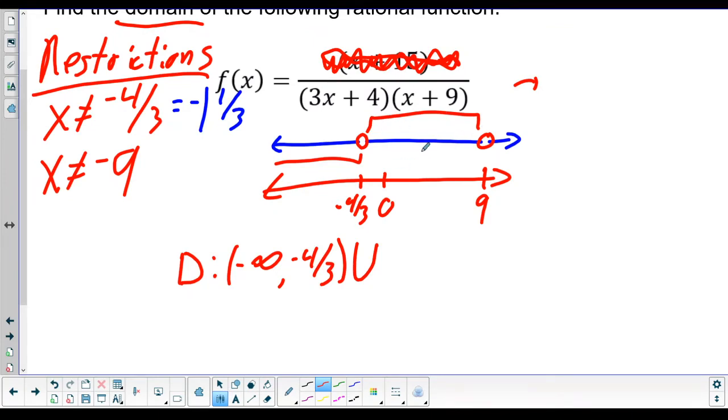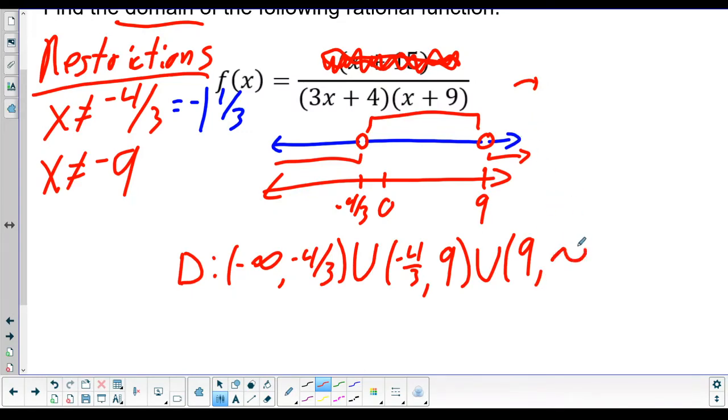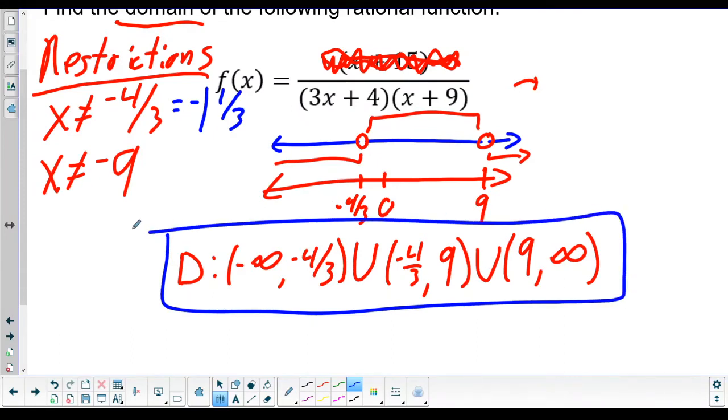So this chunk goes from wherever we ended the last chunk, negative 4 over 3, to here, which is at 9. Parenthesis, again, because it's a restriction. Union to connect our last little piece. It starts at 9 and goes to an arrow, so to positive infinity. And then this is the domain of your function.